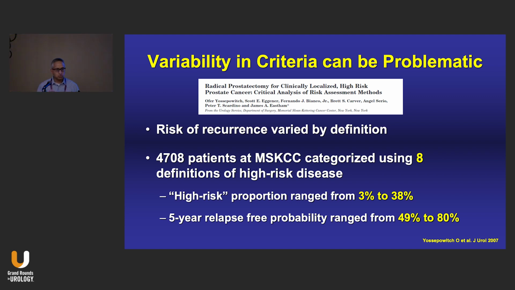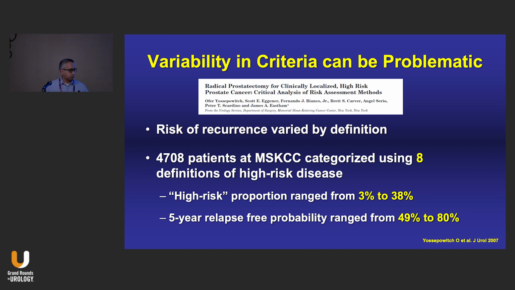So why am I bringing this point up? This is a really good paper from Memorial Sloan Kettering that took 4,000 patients who underwent a radical prostatectomy. And what they did was they looked at different definitions of what high-risk prostate cancer were. And they said, well, let's just apply this and see how would our population change if we apply definition 1 through 8 to our group. And what they found was a lot of variability.